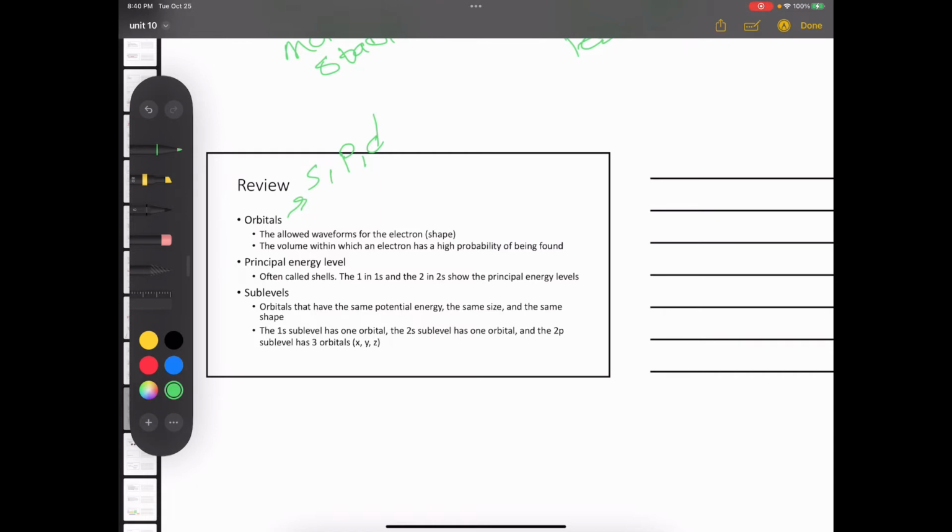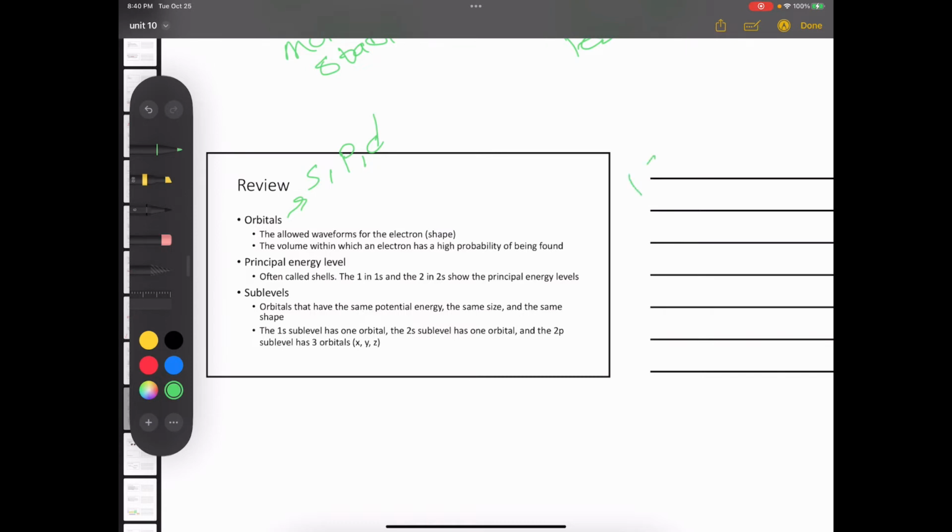Principal energy levels are also called shells. So you can refer to them either as principal energy levels or as shells. The 1 in 1s and the 2 in 2s represent the principal energy level.